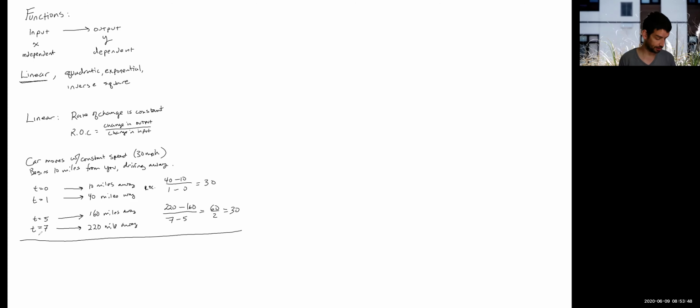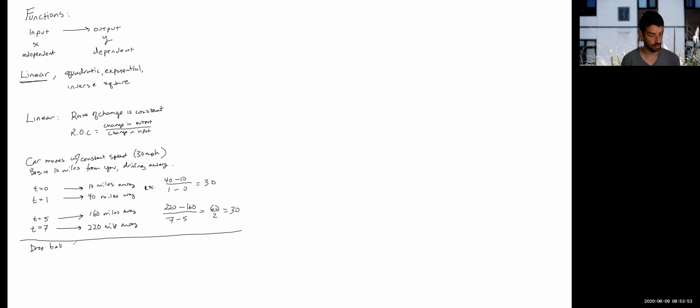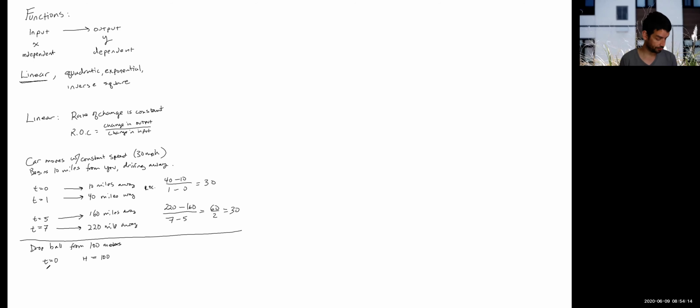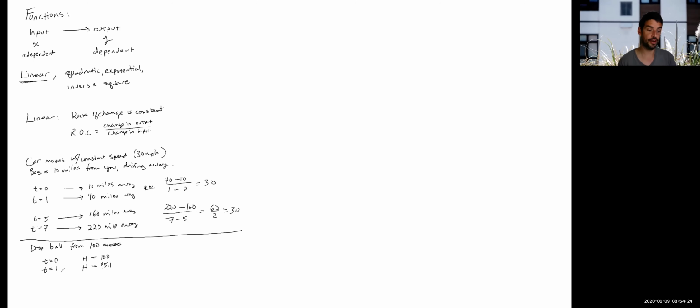Just as a little counterexample, for instance, if you were to drop a ball from 100 meters on Earth, right? If we had the input time, for instance, at t equals 0, and the output height, well, at time 0, it's at 100 meters. Well, according to physics, if you go through 1 second, its height will now be, it will have fallen down to 95.1 meters, right?